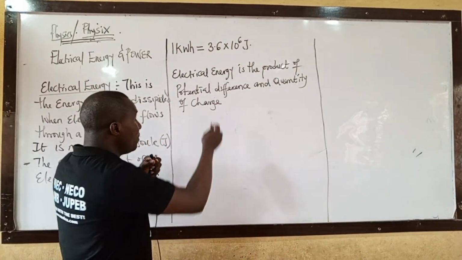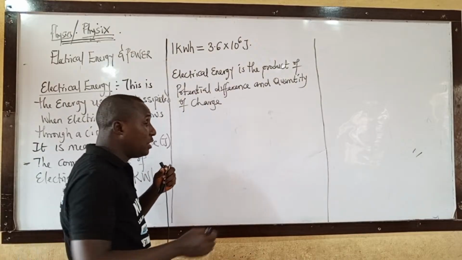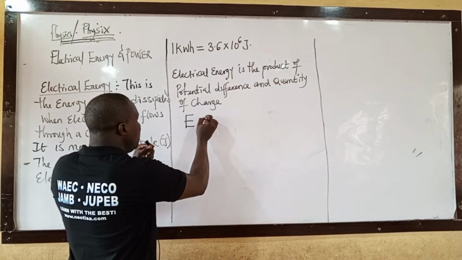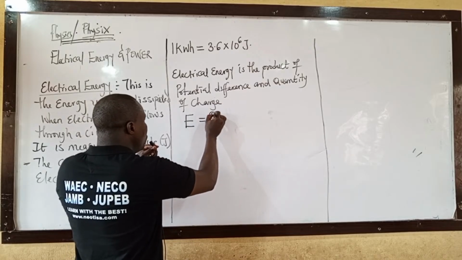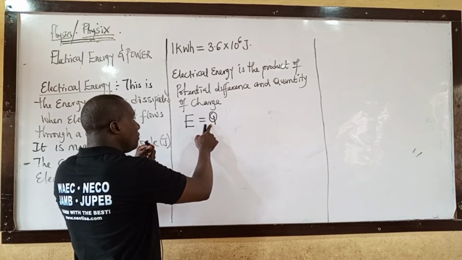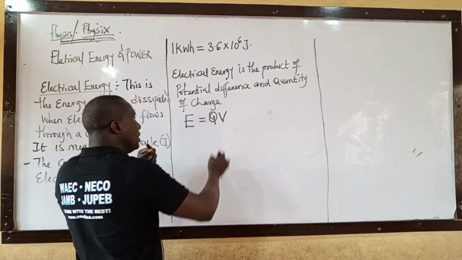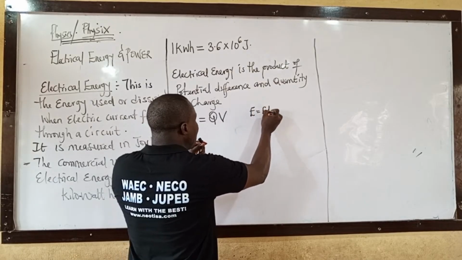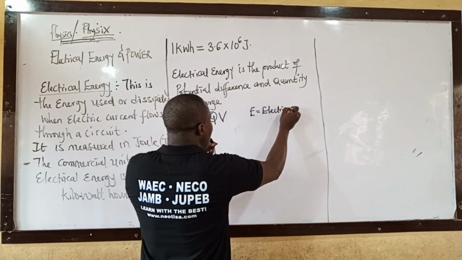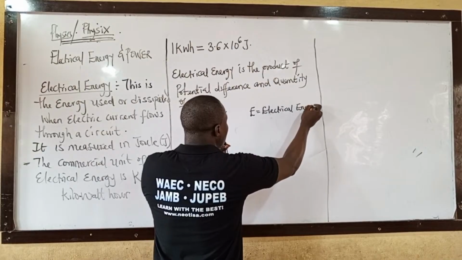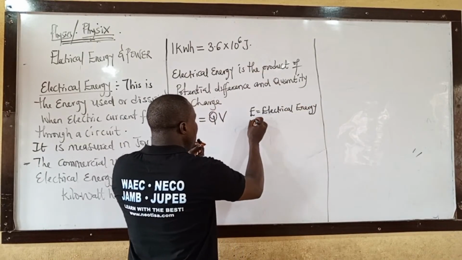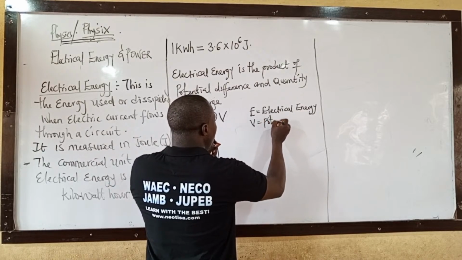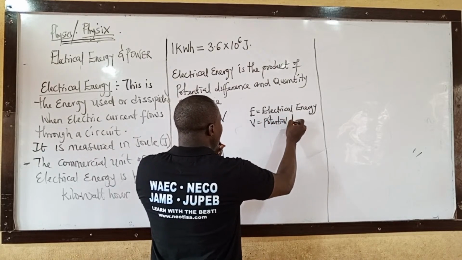If I change this to a mathematical expression, electrical energy E equals quantity of charge Q multiplied by potential difference V, where E is electrical energy and V is potential difference.